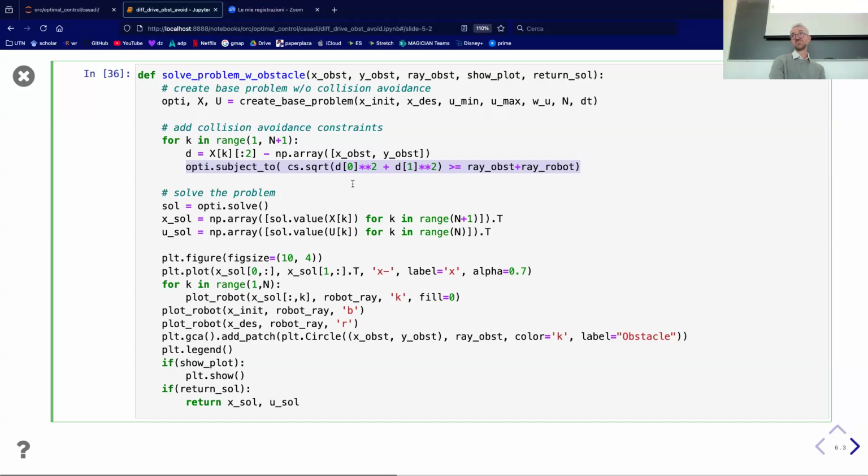Square root of 0 is undefined, and especially if you then take the gradient of that, it goes to infinity. So it would be better not to have the square root inside that constraint definition.